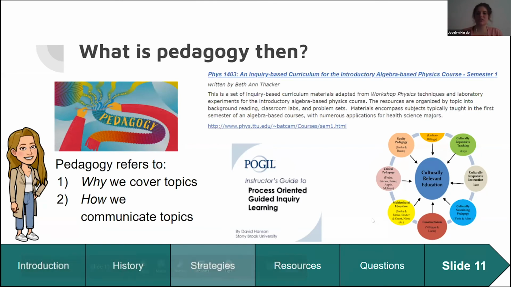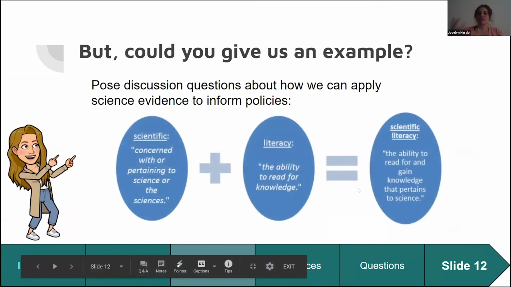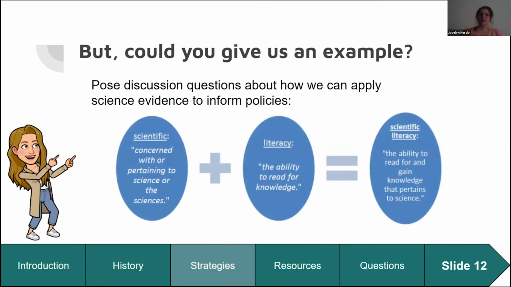I gave you some examples here, but again, the biggest thing is building on this concept of science literacy. So not just getting content and having an answer, but having students use observations and content to drive inquiry.